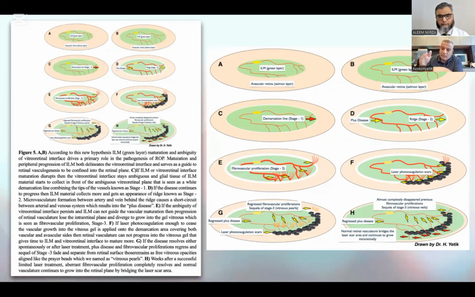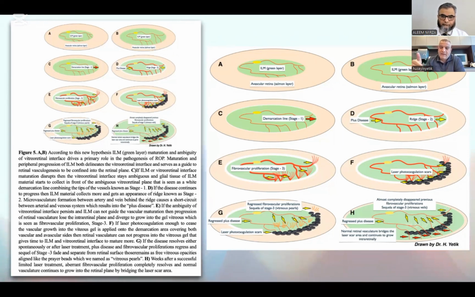And when enough time passes and the ILM matures and cuts off the vessels, stage 3 is cut off. Then it continues, and we see a remnant of stage 3. And after a while, the same process may occur after injections. And that is my hypothesis.